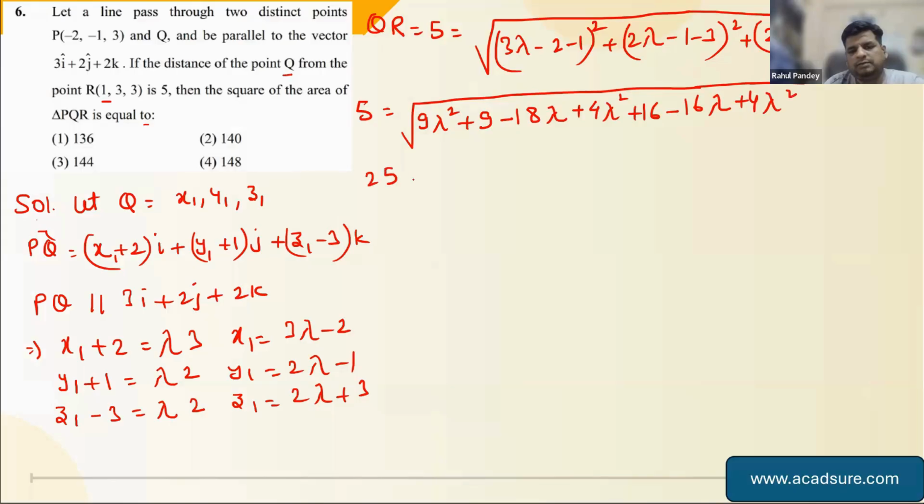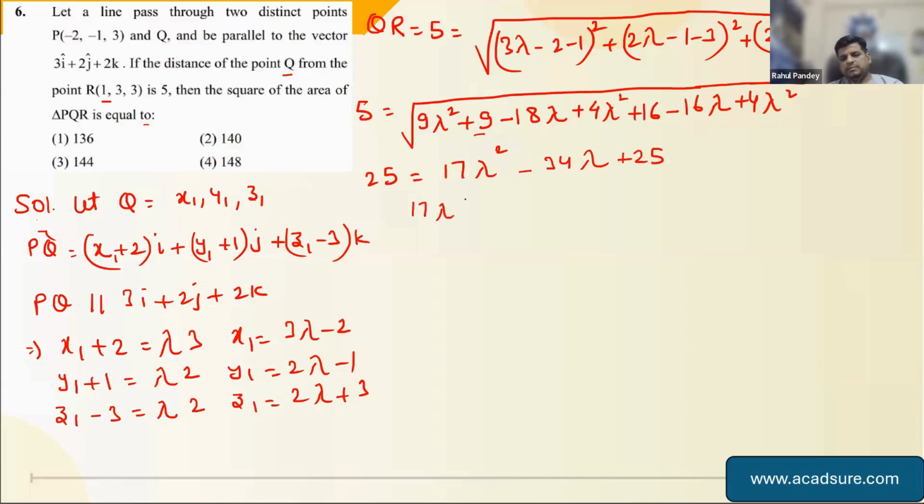So 25, squaring both sides, we get 9 lambda square + 4 + 4, which is 17 lambda square, - 18 lambda - 16 lambda is - 34 lambda, plus 9 + 16 is plus 25.